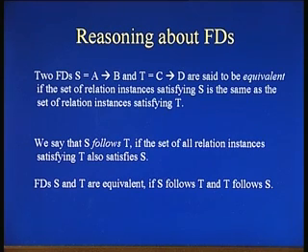Okay. Similarly, a small generalization over this definition, we say that a functional dependency S follows another FD called T if the set of all relation instances satisfying T also satisfies S. Okay. So we will take up examples here.